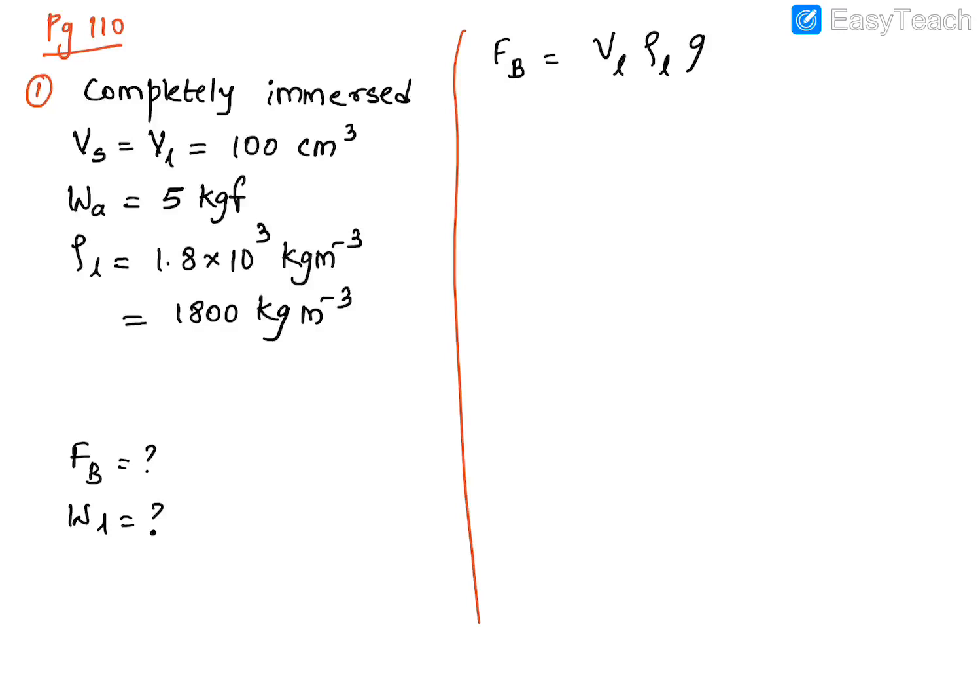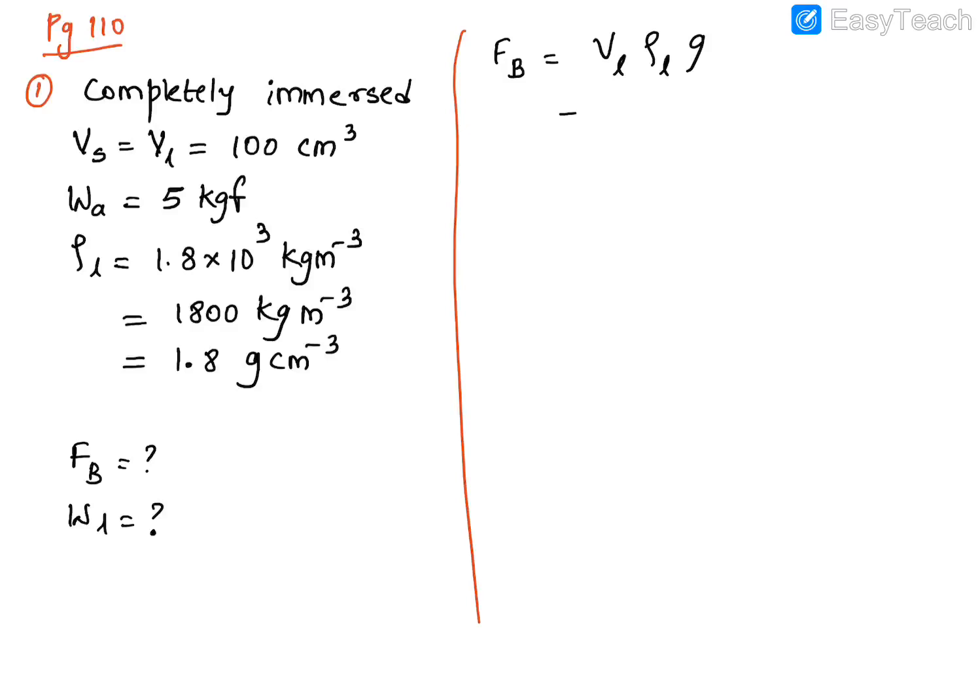Now see here, the catch in the problem is that your volume is given in centimeter cube, but the density is given in kg per meter cube. So we'll have to convert either of them so that they are both in the same units. It is easier to convert kg per meter cube to gram per centimeter cube by just dividing by 1000, rather than converting centimeter cube to meter cube, which is more complicated.